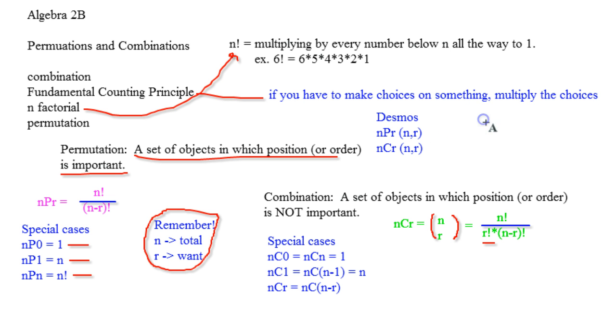Just as simple as that. So that formula is really easy. Permutations is a set of objects in which order is important, and combination is where order and position are not important. On the next slide I'll show you how combinations actually come about.